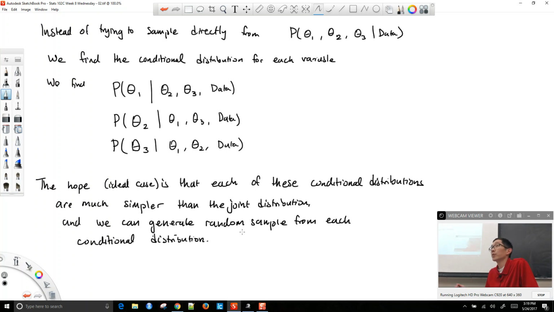That's what we're hoping. Okay, and if that's the case, then the Gibbs sampler will work very well. Okay, if we can't figure out the conditional distribution for the thing, then the Gibbs sampler is not a good pick, because the Gibbs sampler requires that we can get these conditional distributions.